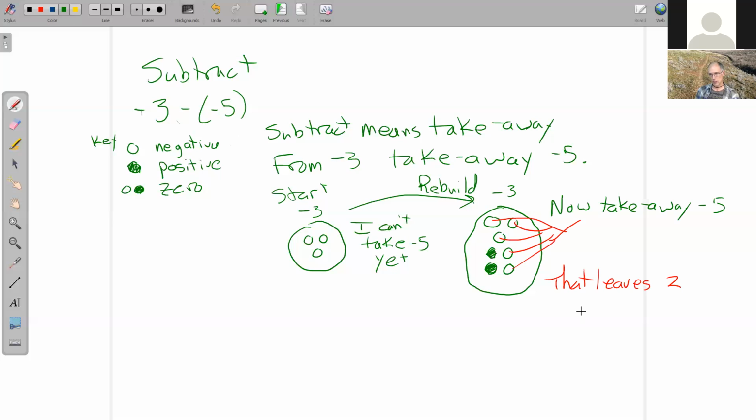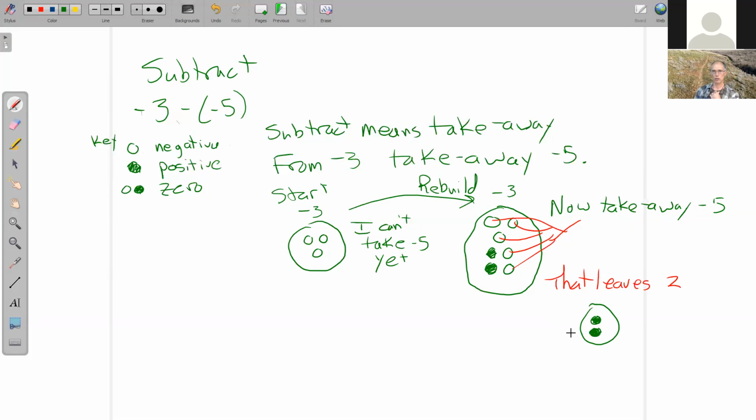And we can draw that final 2 if we wish. Or I think it's pretty clear in this picture that those 2 are left and that they're a +2, not a -2 because of their shading. So sometimes with this modeling, we have to build up with zeros so that we can take away what we need to.